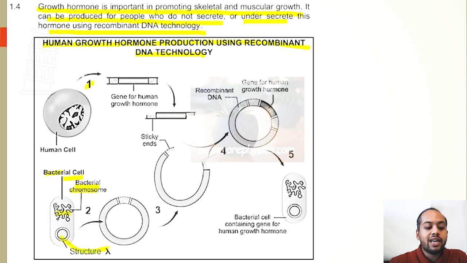You have structure X that was removed. Then you have step 3 with the sticky ends. You have the gene for human growth hormone taken. You're forming your recombinant DNA. The gene for the human growth hormone then got inserted, and then in step 5, you have your bacterial cell containing the gene for your human growth hormone.